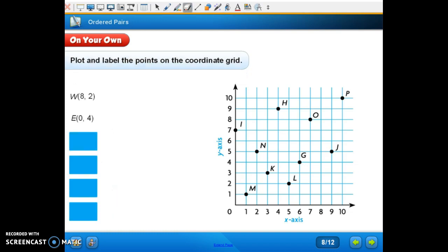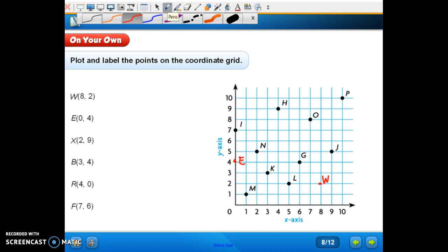Right now we're going to plot and label. So we're going to go over 8 and up 2. And that is going to be W. On E, we're going to go over 0, up 4. That is E. X is over 2, up 9.